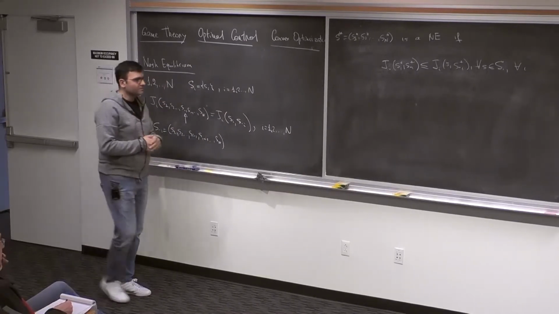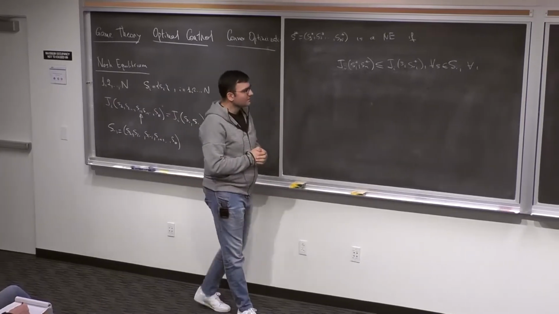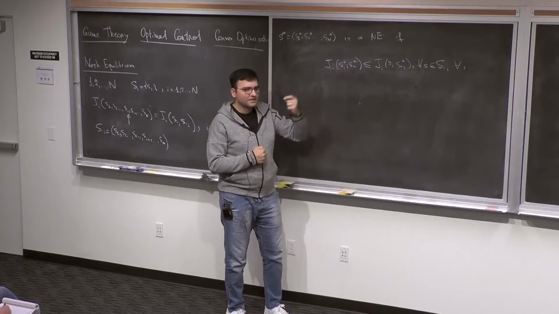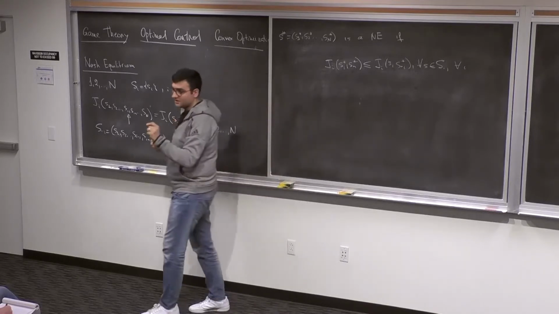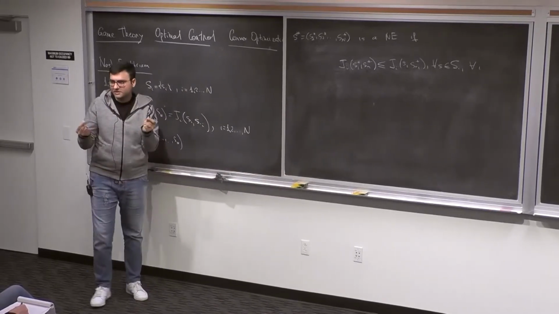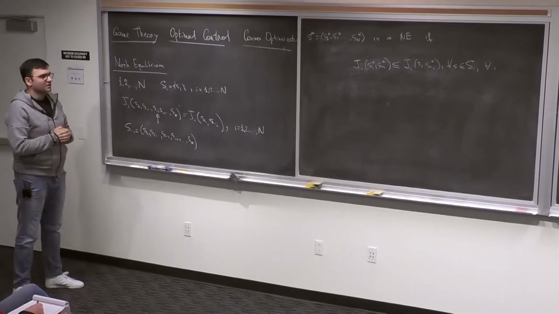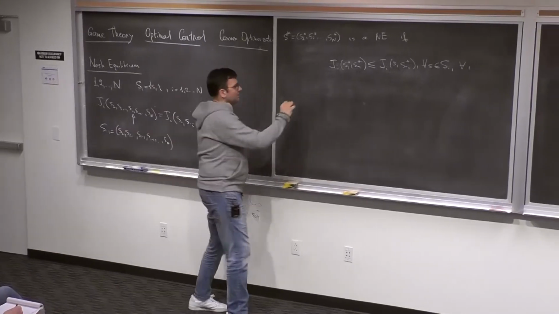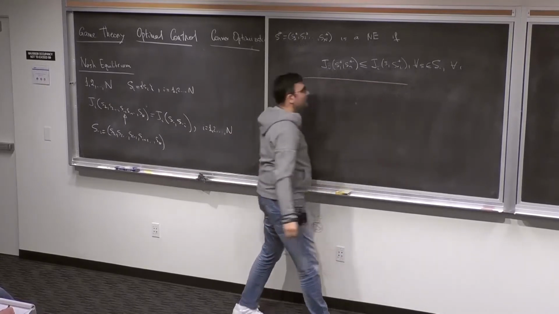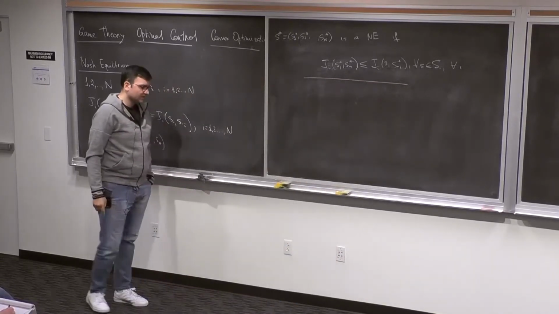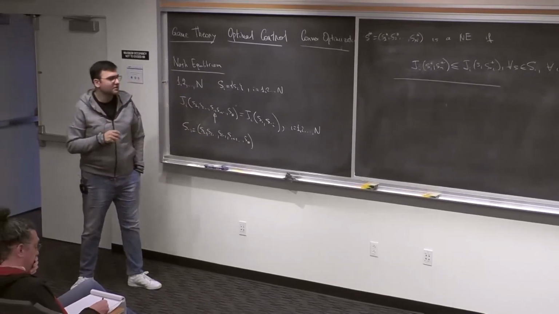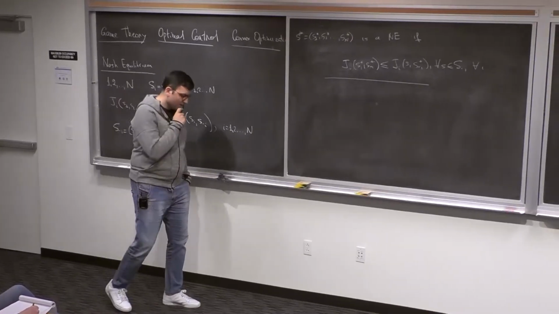And so you see that if we are in such a situation, then player i doesn't have an incentive to change his strategy, and so this is going to be an equilibrium configuration. Okay. Let me make some remarks about the Nash equilibrium.